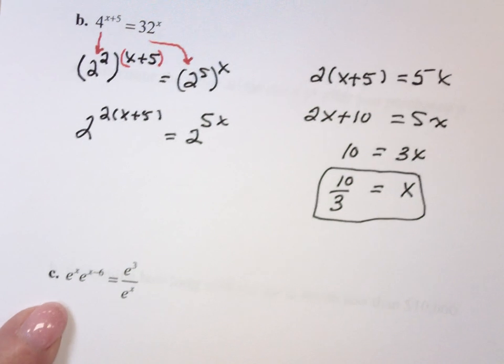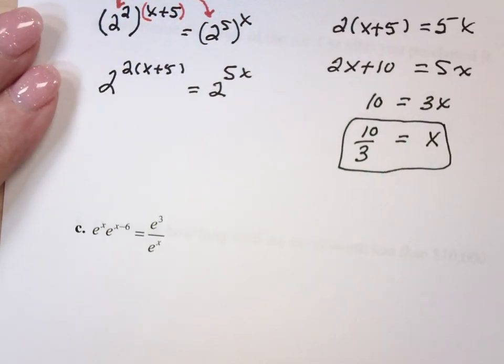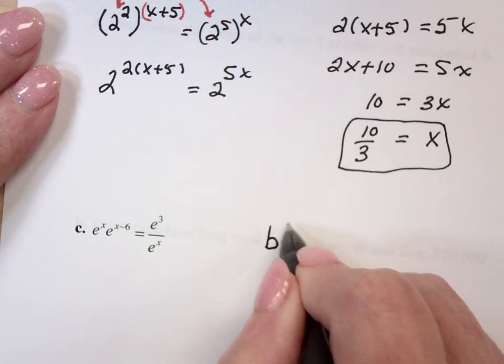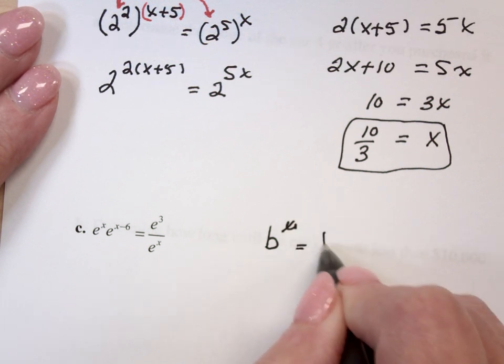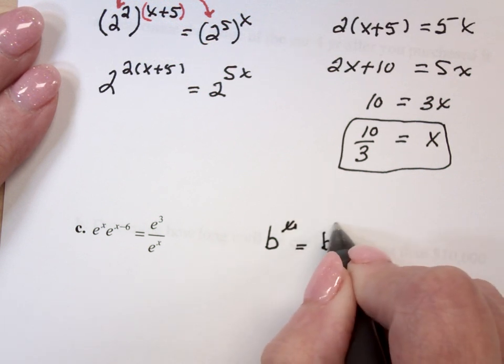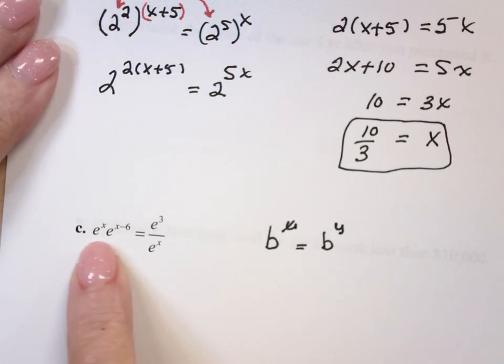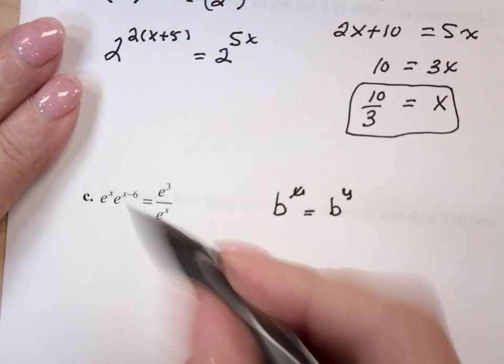Now here we're going to be playing with properties of exponents because the only thing that I need to have happen is this. I need to have a base to an exponent equaling the same base to an exponent. I can't have divisions and multiplications. I need one thing to an exponent equaling one thing to an exponent. That means I have to use the properties of exponents to bring these together.